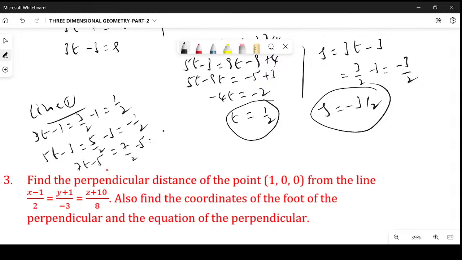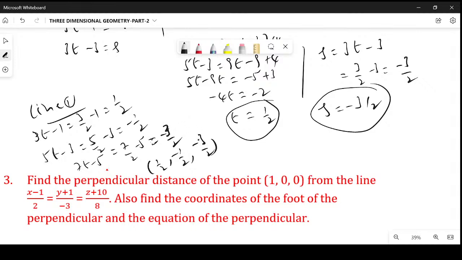So it will come now minus 3 by 2. So the point will come 1 by 2 comma minus 1 by 2 comma minus 3 by 2. It comes right.